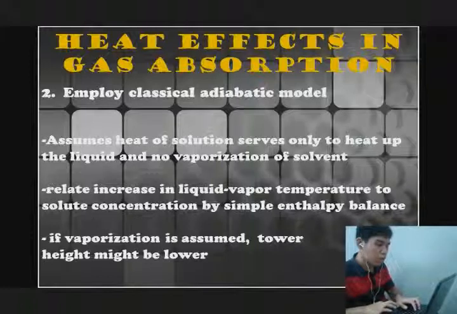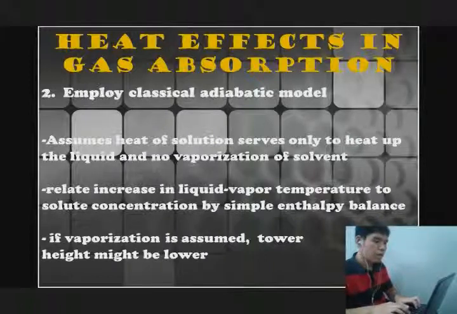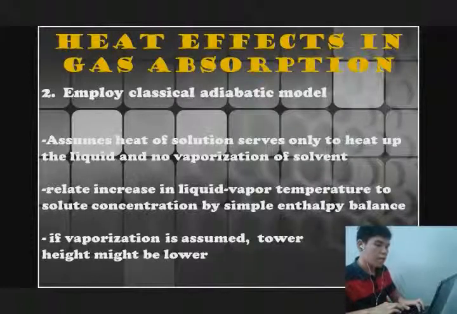The adjusted equilibrium curve will become more concave upward as the concentration increases, tending to decrease the driving forces near the bottom of the tower. This method also requires a safety design factor. However, if vaporization of the solvent is assumed, cooling might occur, which offsets a part of the temperature rise that would have been predicted if no vaporization takes place, giving a prediction of a lower tower height.